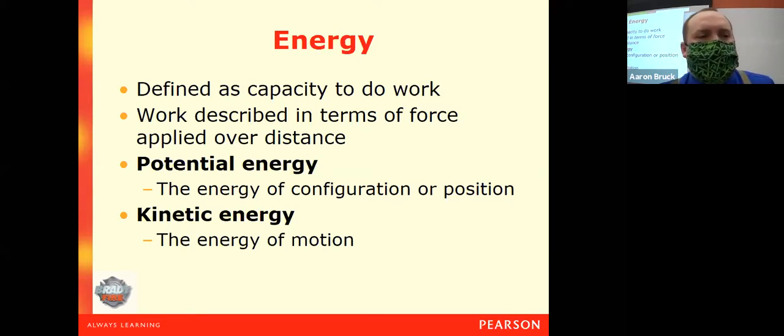By definition, energy is the capacity to do work. So any kind of energy that we describe is able to do, or at least has the potential to do, some form of work on another object or have work done on it by the surroundings.